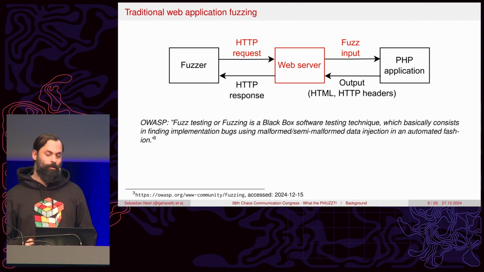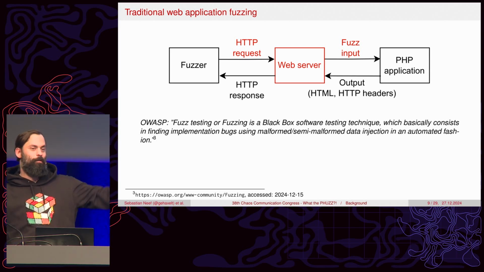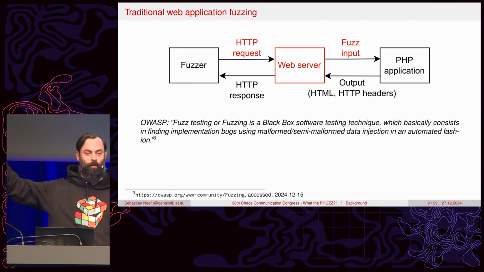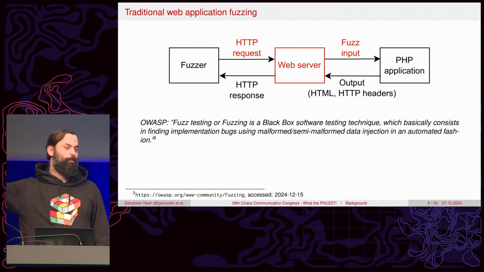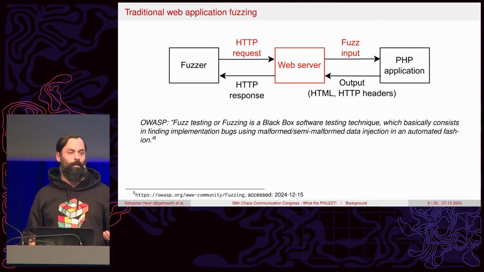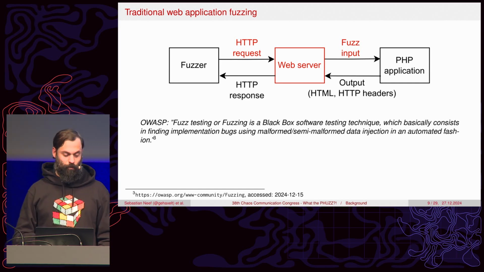Why? Because the web application might run on a different system than the fuzzer, and depending on how the testing is done or how the application behaves, it might just return an empty website or just a generic HTTP error if something breaks within the application.